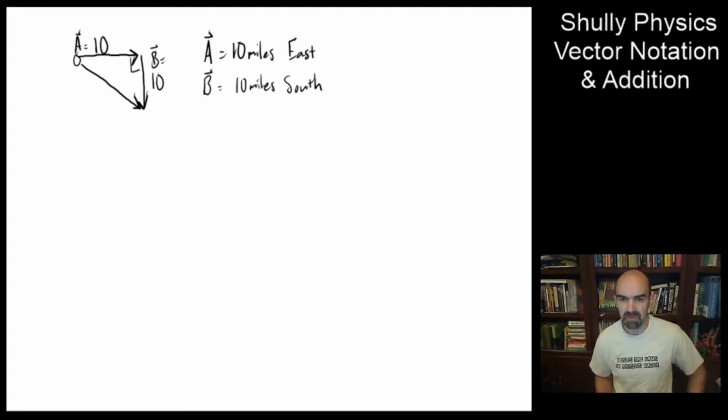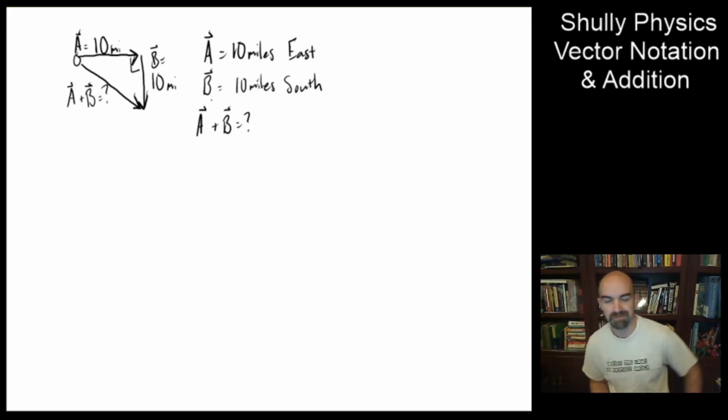All right, so what would be the addition of A plus B? Now, looking at this, if these are labeled with miles here, what we're looking for is the hypotenuse of this triangle that we've created with A and B. Now, if you know your triangles pretty well, you might have a good answer for that.